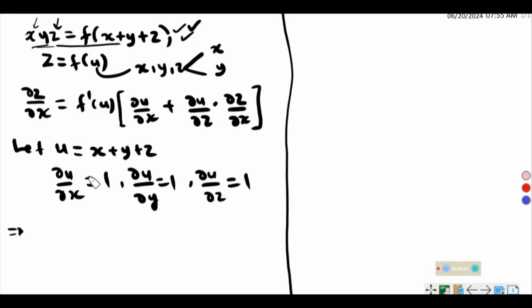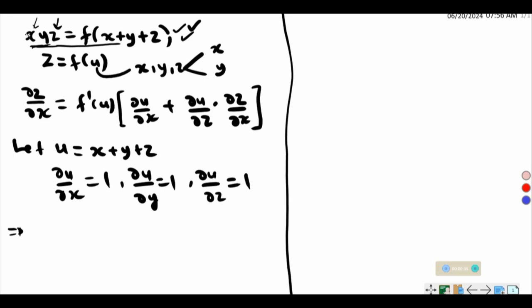Taking the partial derivative with respect to x, first of all we need to realize that xyz is in product form, because z is a function of x and y, which means x and z will be in product form. So we shall use the product rule on xyz.